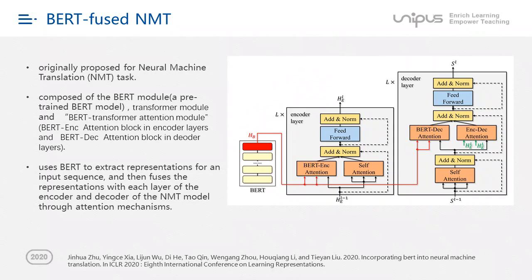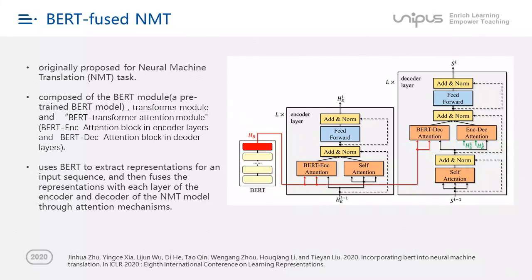The BERT module extracts rich representations for an input sequence, and then the representations are fused with each layer of the encoder and decoder through attention mechanism. In the figure, if the BERT module, the BERT encoder attention block in encoder layers and the BERT decoder attention block in decoder layers, along with the red lines, are all removed from the figure, the rest part of the figure is the normal transformer structure.